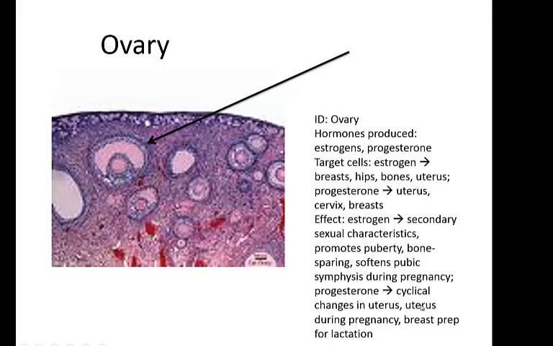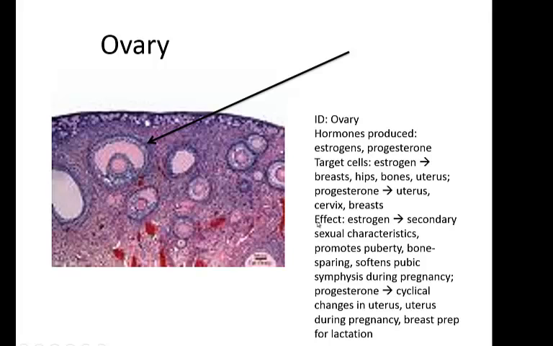During pregnancy, the uterus is quieted by progesterone, and it helps the breast prep for lactation. It does that also with estrogen. So, do we have everything there? Our identification, what hormones are produced, the target cells, and the effects.